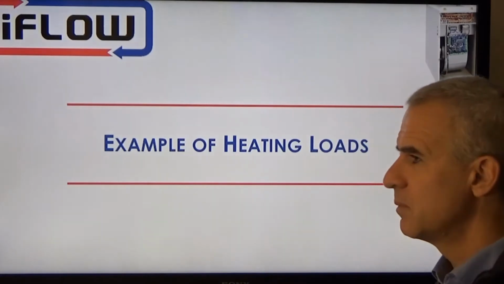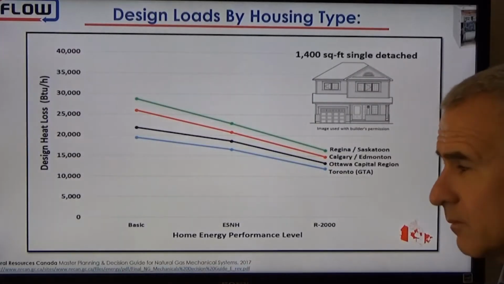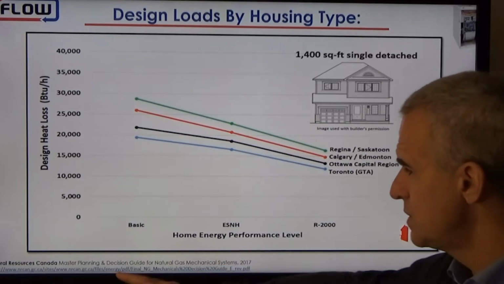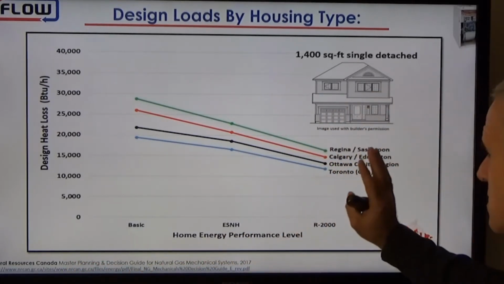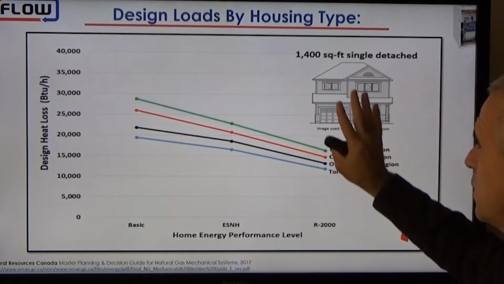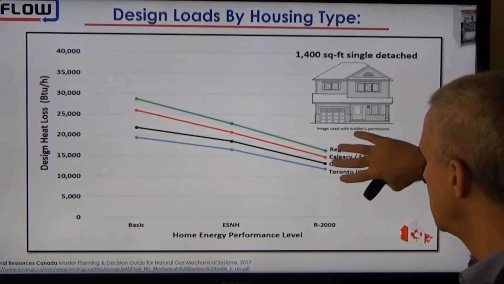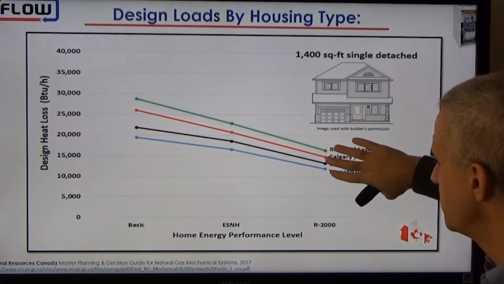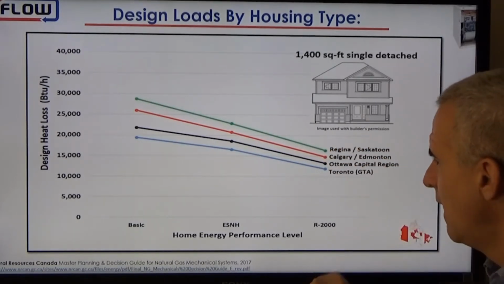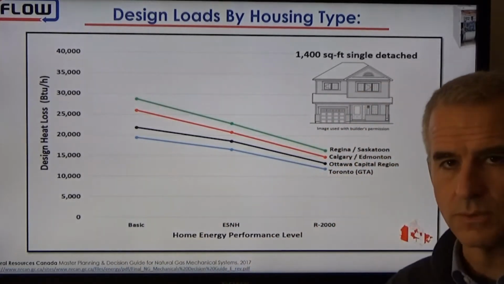So let's look at some of those heating loads that I mentioned. Natural Resources Canada has included this in their design guide. So what they did is they looked at a 1,400 square foot home. They looked at that home in 4 different cities, and they designed it to 3 different building codes.